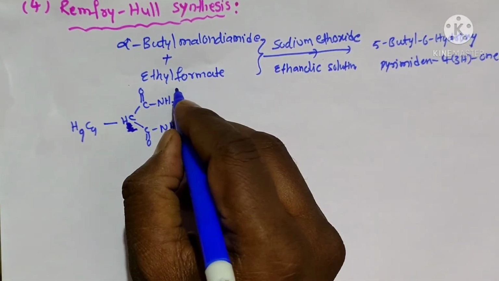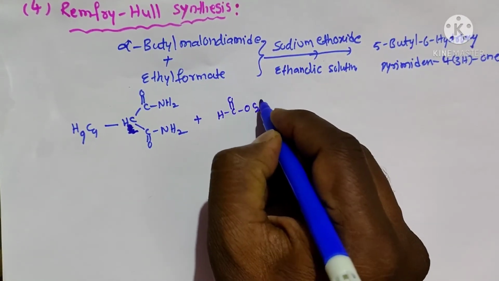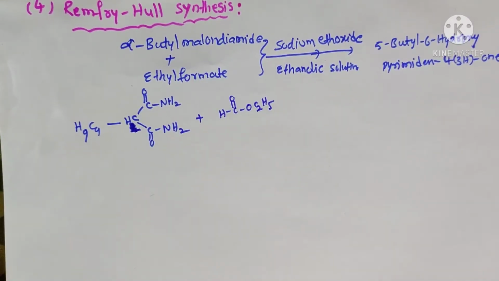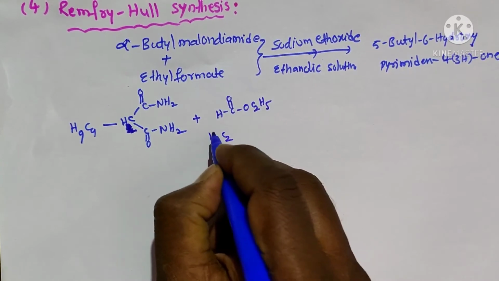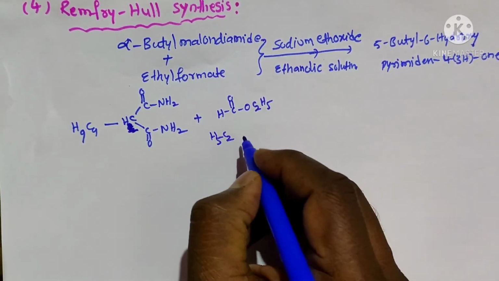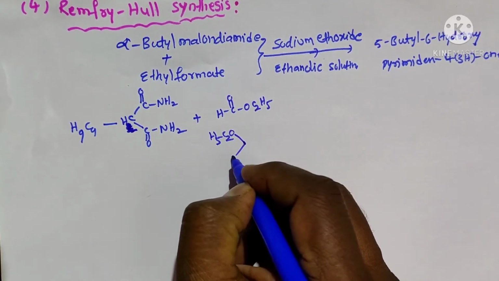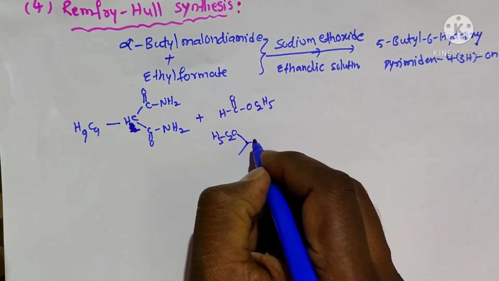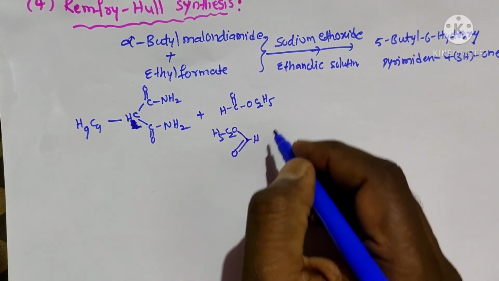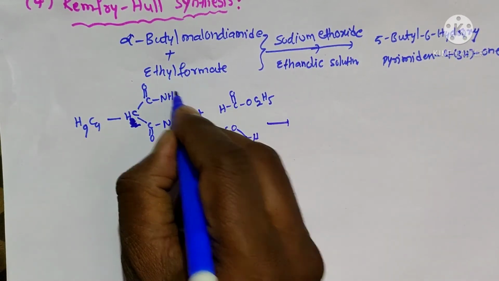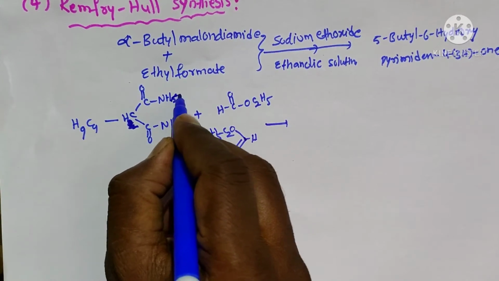Okay, now here we have to take the ethyl formate, HCO C2H5. So we can write this like this, C2H5 and O, one H here and C double bond O. Okay, then what happens here, one H, so we write this one like this.